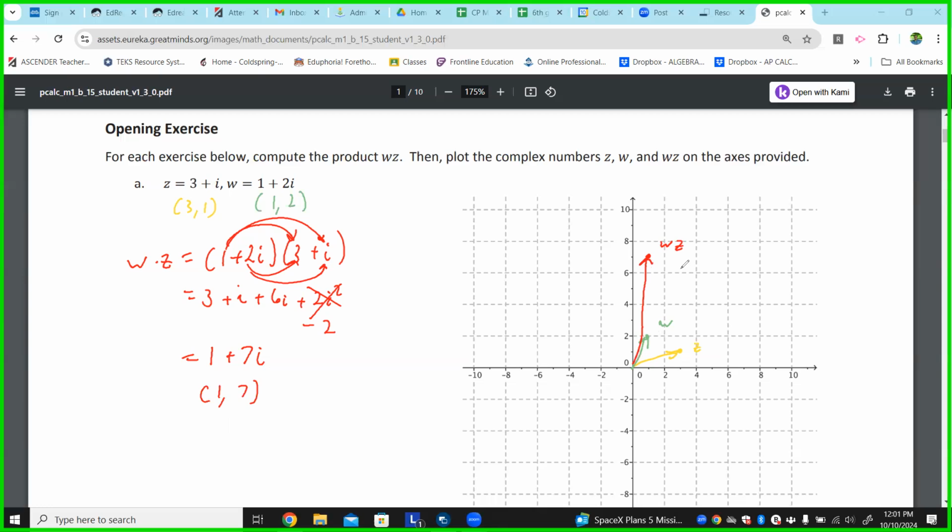Any questions on how to do this? If you haven't already, go ahead and take this time to do B and C. Make sure that you can graph vectors correctly and you can distribute correctly. We'll go over it to verify that you got the correct answers, and then I'll wrap it up on D. I have one more example to show you, and that pretty much is today. So the math, as I said, it's not going to change.